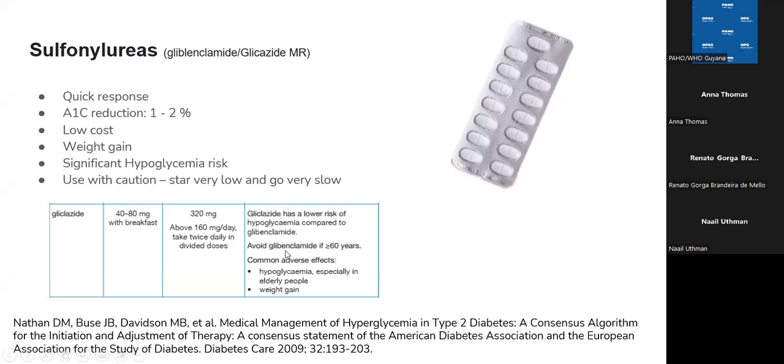Avoid glibenclamide in patients over 60 years if possible. But as I said, if you choose to use glibenclamide, start it very, very low and go very slow.